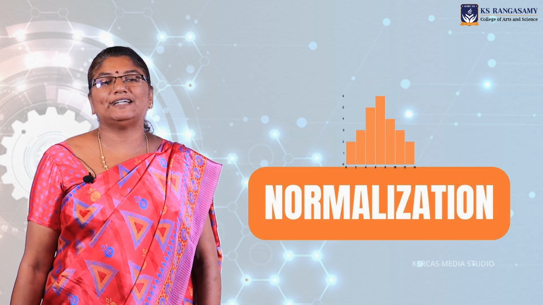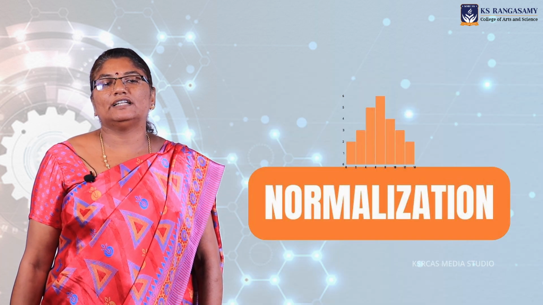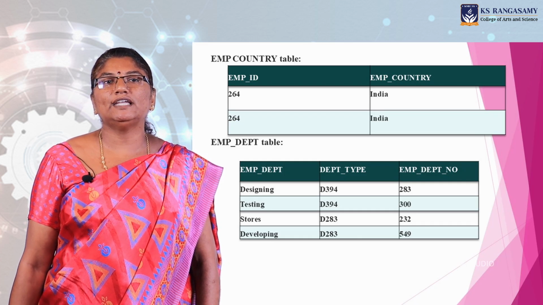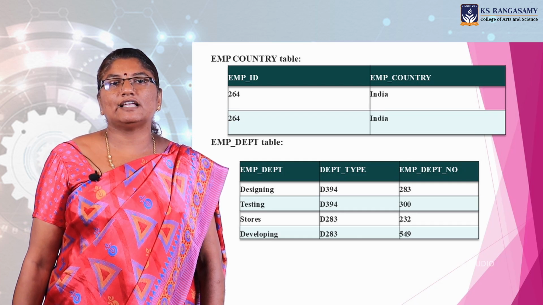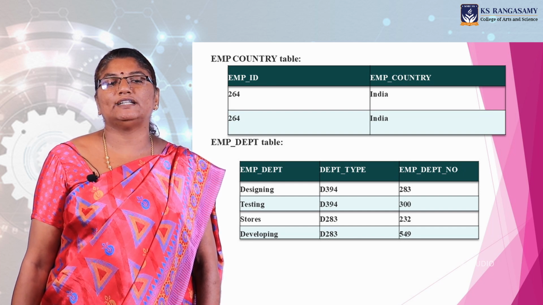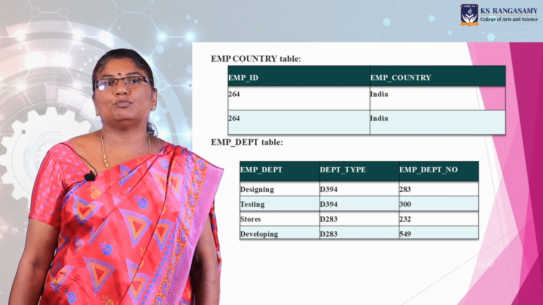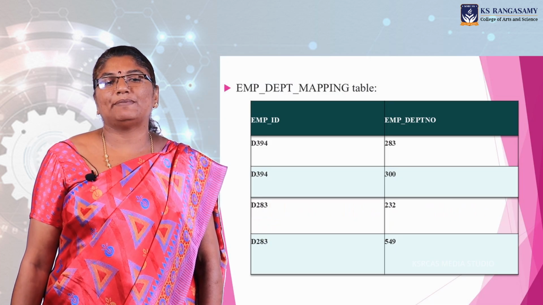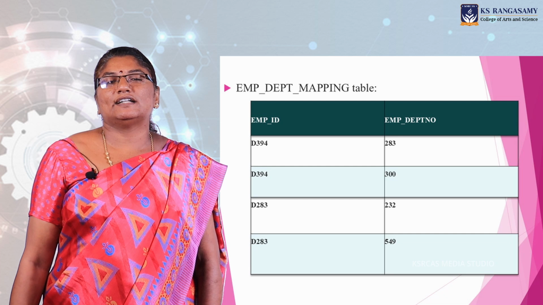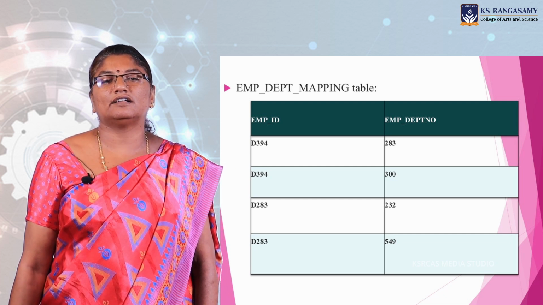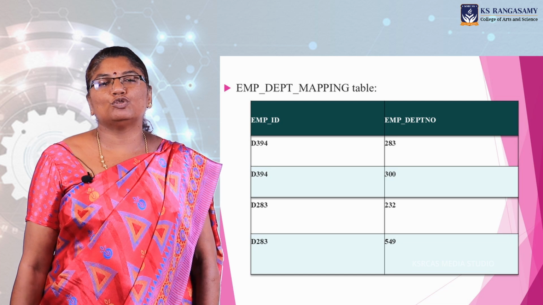The employee country table has employee ID and employee country. The employee department table has employee department, department type and employee department number. Finally, the employee department mapping table has employee ID and employee department number, which is in the fourth normal form.